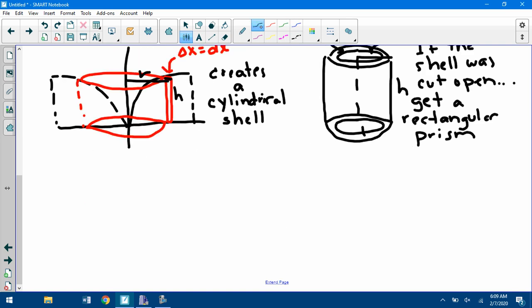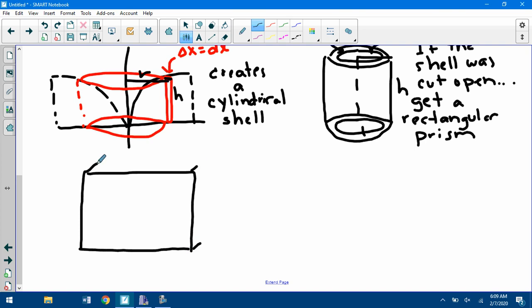So that leads us to this picture. Here's the soup can that's been cut open. But again, there's some little bit of thickness to it. That's our delta x, so it's going to be pretty small. You can see I have a rectangular prism now. And this is still going to be the height.